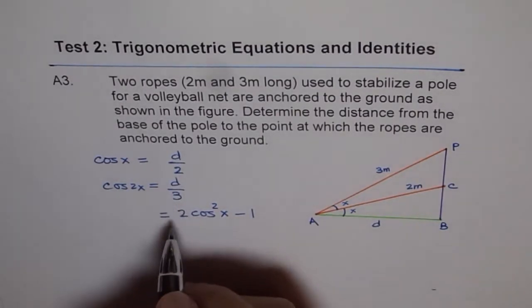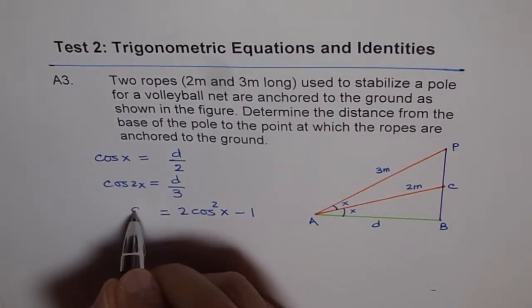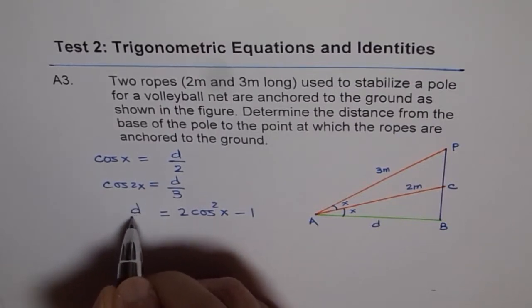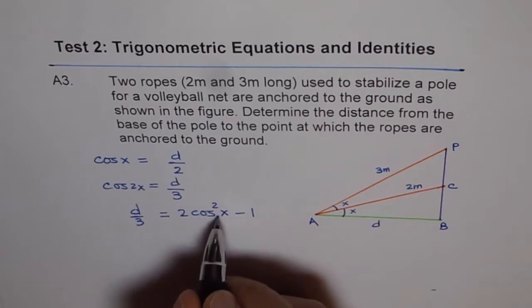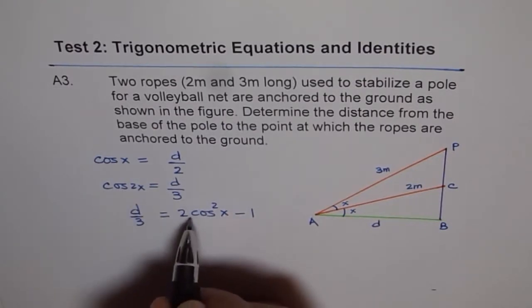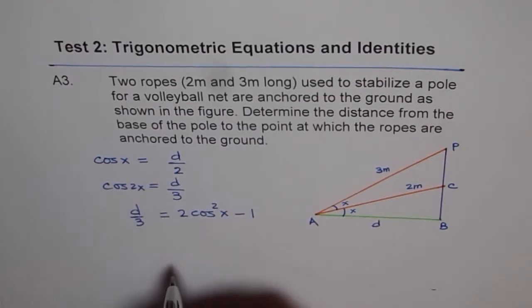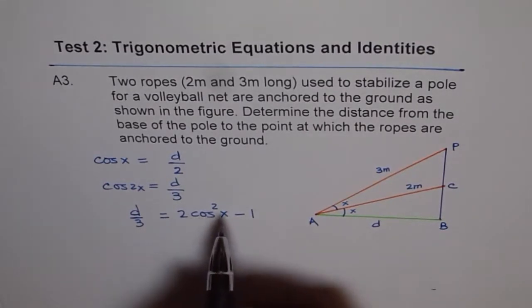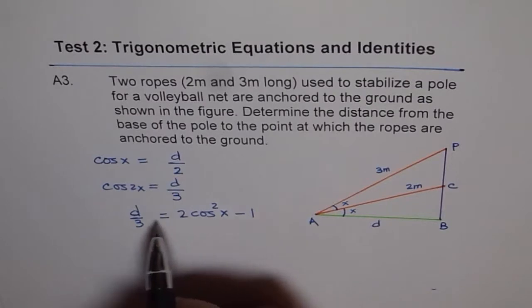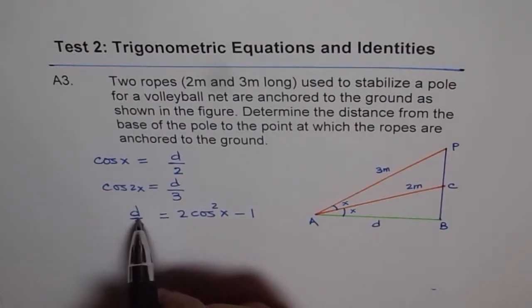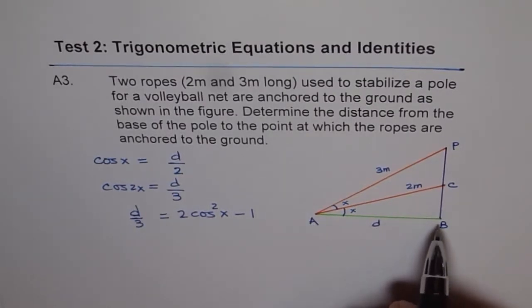That means d over 3 is equal to, so we can write d over 3 here, d over 3 is also equal to 2 cos square x minus 1, because cos of 2x is 2 cos square x minus 1. Since we know that cos x is d over 2, we can substitute this value here and get an equation in the variable d, which we need to find, right?